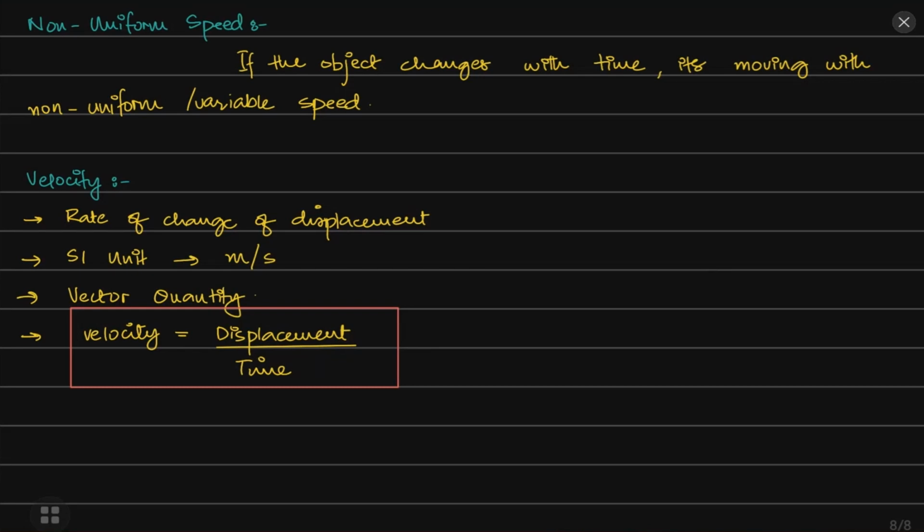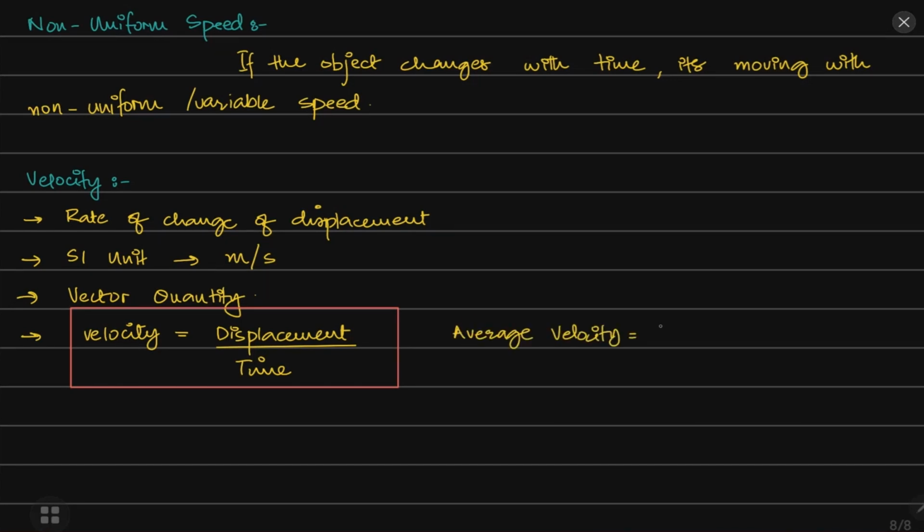All right. Similarly, if you talk about average velocity, as we talked about average speed, it's basically the average velocity of the entire journey that the object had covered or traveled. The entire formula remains the same.